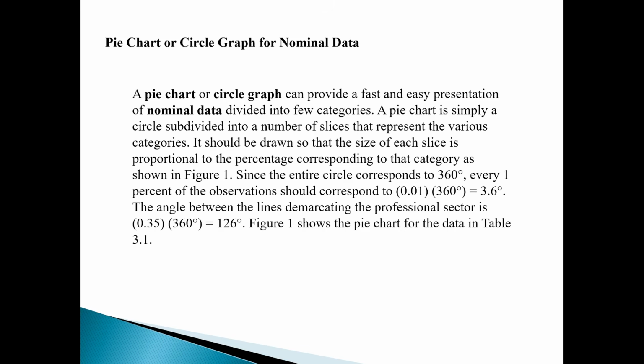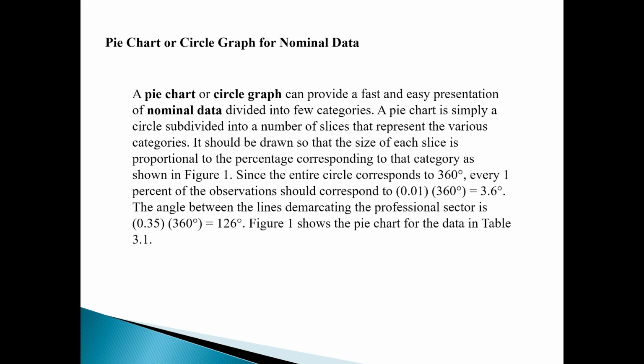If one of your categories represents 50% of your data in your distribution table, your pie chart should show that half of the pie chart belongs to that particular category.